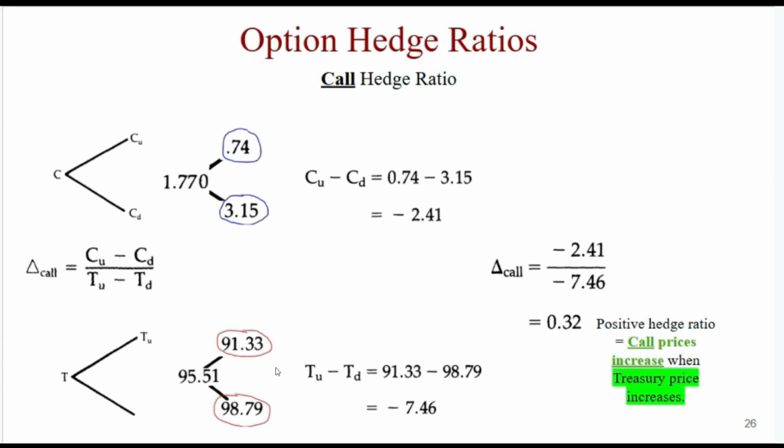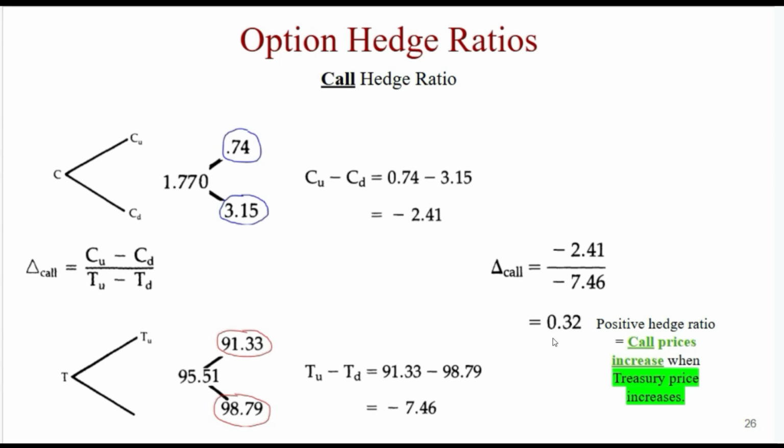Here's our Treasury prices, here's our Treasury prices 1 year from today, here's the difference. And then we take the difference in call prices over the difference in Treasury prices, and we get a call hedge ratio of 32%.